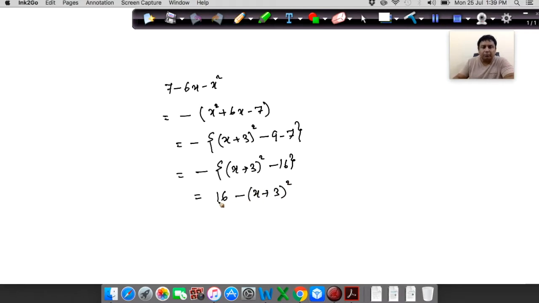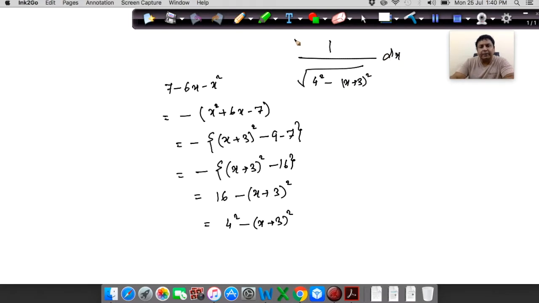So 4 square minus (x + 3) whole square follows a square minus x square. So the actual sum will become 1 upon under root of 4 square minus (x + 3) whole square, and we can integrate that as 1 upon root of a square minus x square. If you see the formula sheet, it's going to give you sine inverse of x upon a.